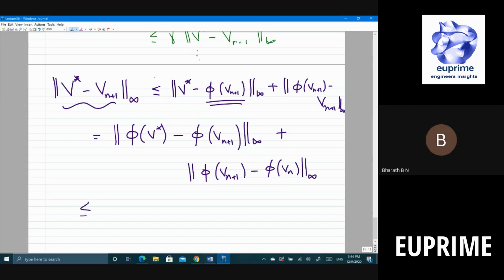But this is less than or equal to mu times v star minus vn plus 1 infinity norm plus mu times vn plus 1 minus vn infinity norm. Okay, fine. So if you look at this, the left hand side and this term are the same.